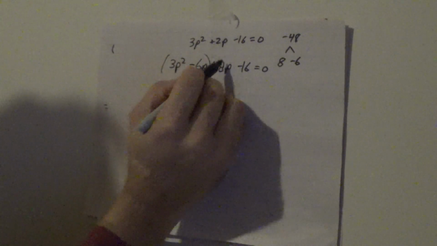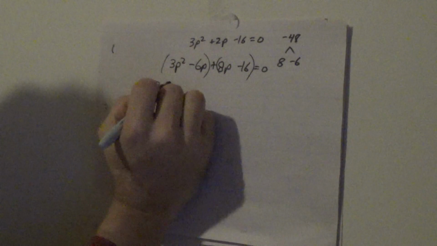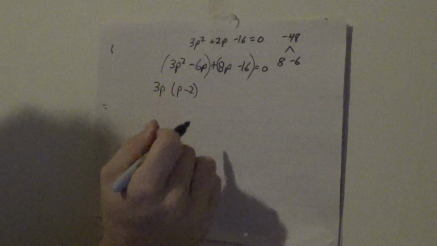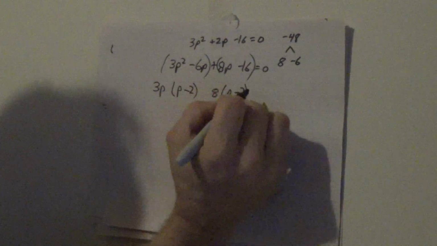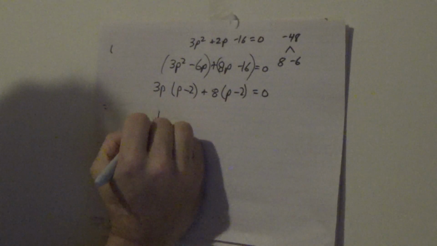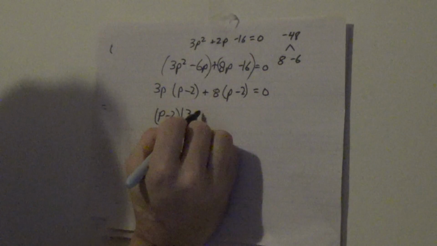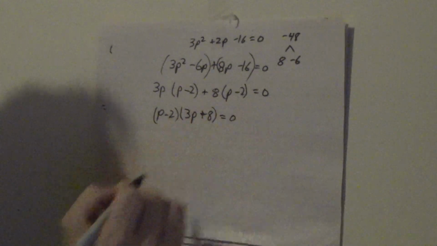I'll group the first two, I'll group the second two. We'll factor a 3p out, that'll leave me with p minus 2. I'll factor an 8 out here, that'll leave me with p minus 2. There's a plus. And then we factor the p minus 2 out, and we get 3p plus 8 times p minus 2 equals 0.